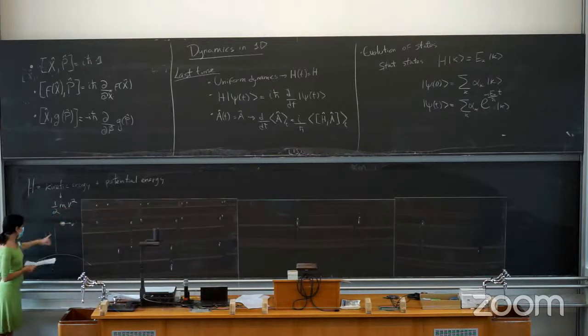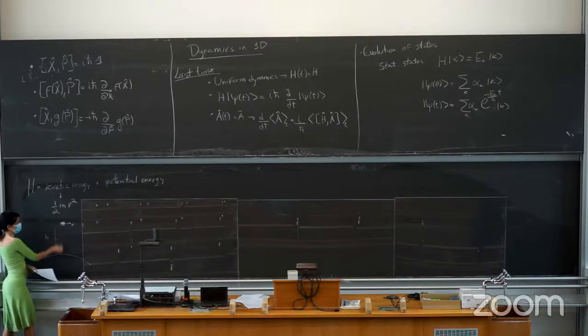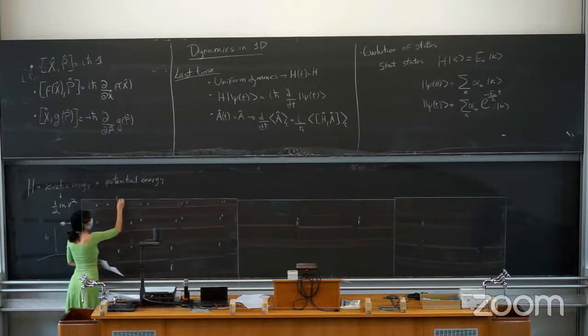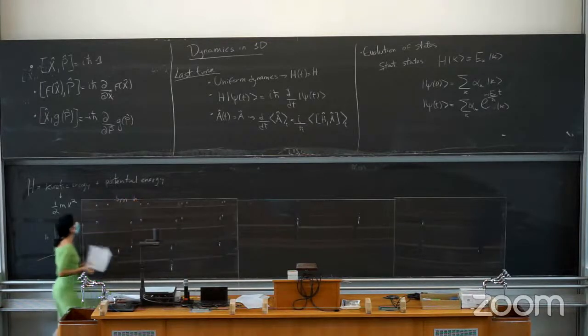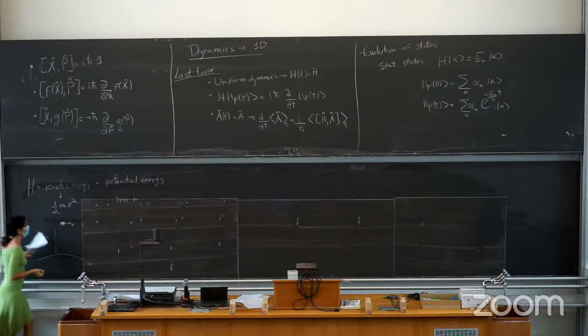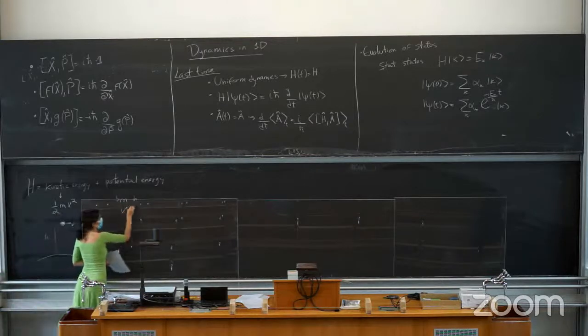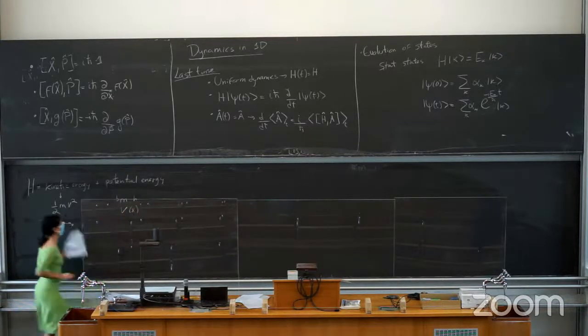And then it has some gravitational potential energy, which in this case is m times g times h. For now, it could be any function of the position of the particle. And if you're in one dimension, it's just V, any function of x.